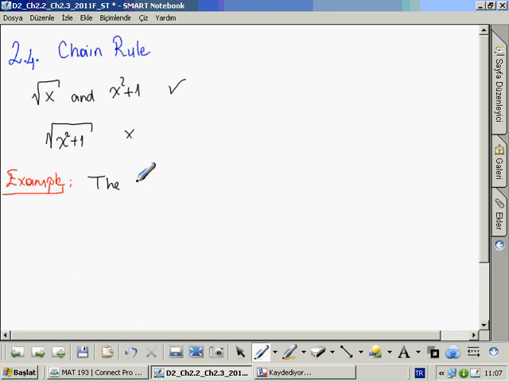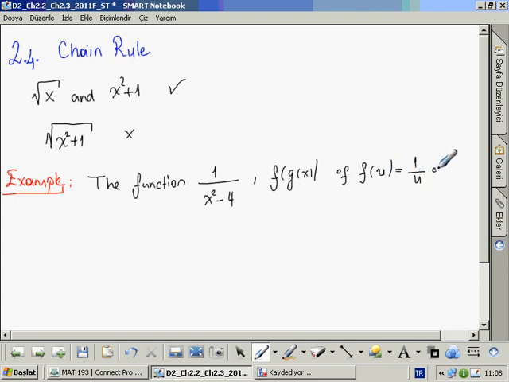The function 1 over (x squared minus 4) is f of g of x, where f of u equals 1 over u, and g of x equals x squared minus 4, which is also equal to u.